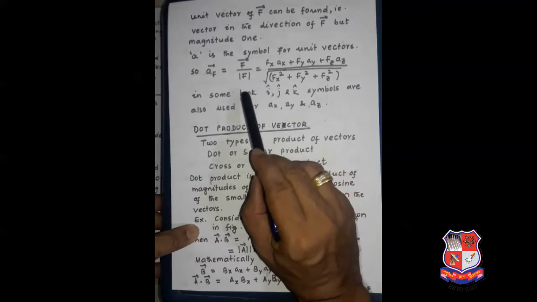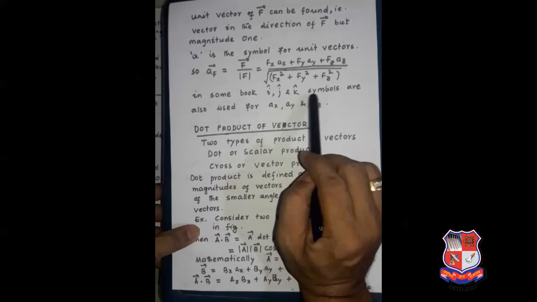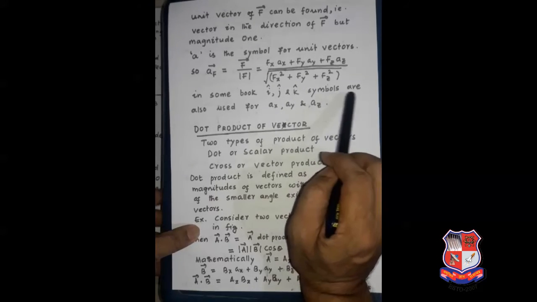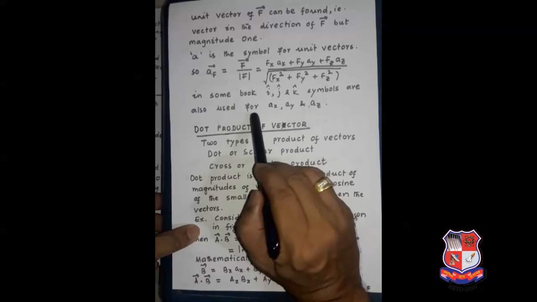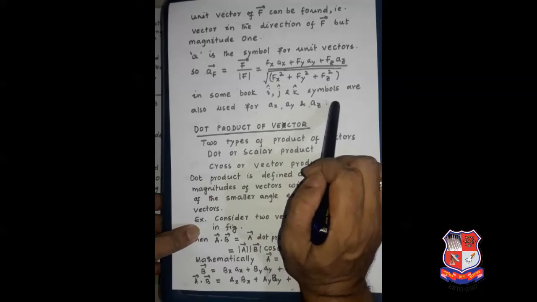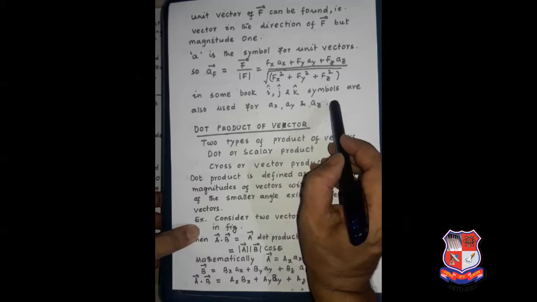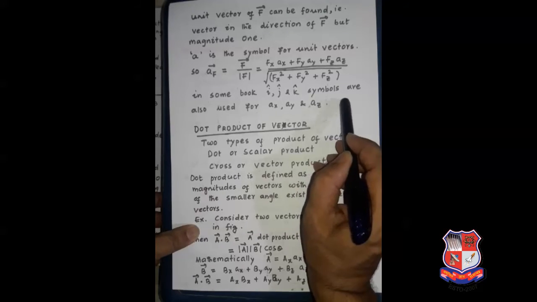In some cases you can find i cap, j cap, k cap, these symbols used instead of ax, ay, az, but all have the same meaning. They are only different symbols, but the meaning remains the same.